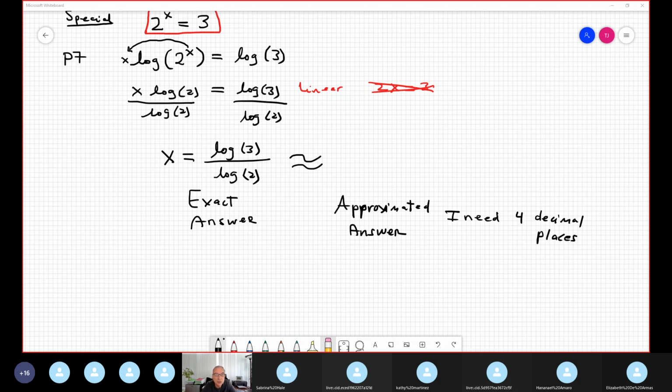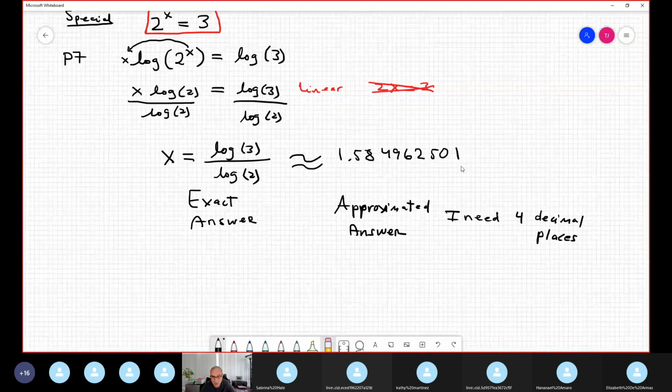Okay, John, Sabrina says the answer is, I want to copy the answer I can see now in the display of my calculator: 1.5849625 and 1. It depends on the calculator. Some calculators offer 9 decimal places, another calculator offers less or more.